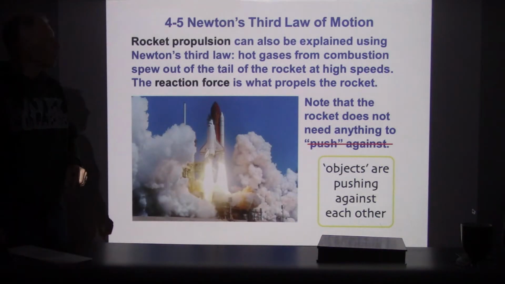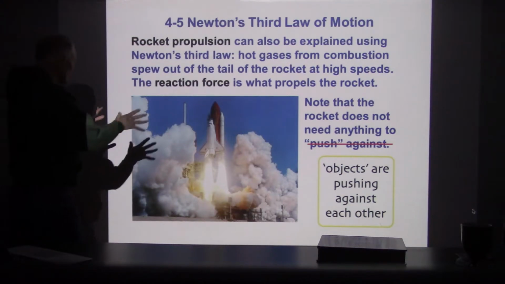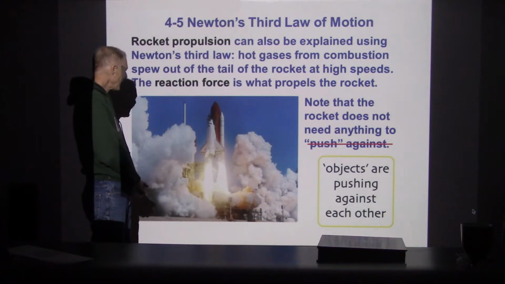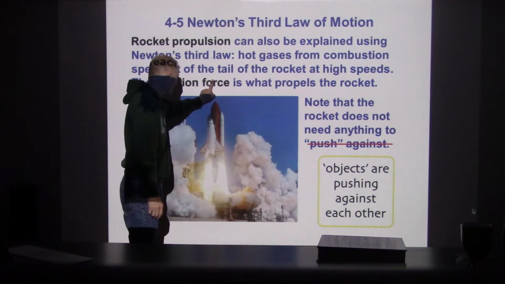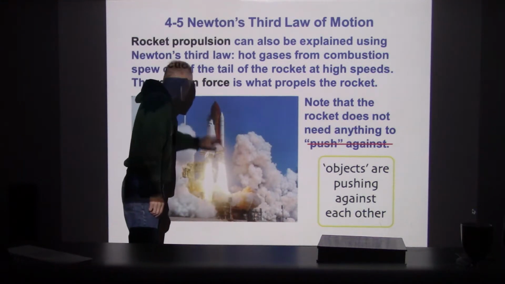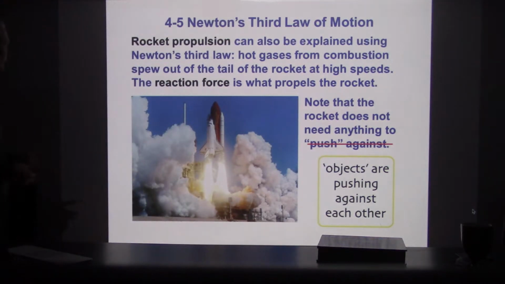Here's another example of the third law of motion: rocket propulsion. So here's the space shuttle launching, and how does this work? There's clearly a force acting on the space shuttle configuration here. So we've got a force, and it's coming from the rockets. I mean, this is a little bit of rocket science here.